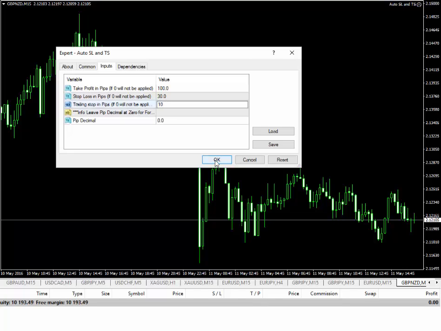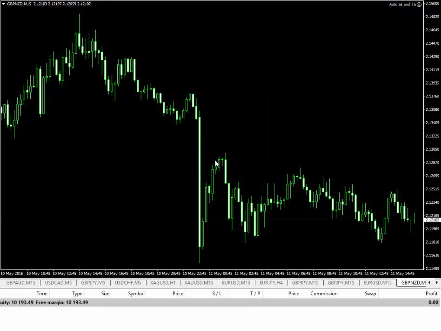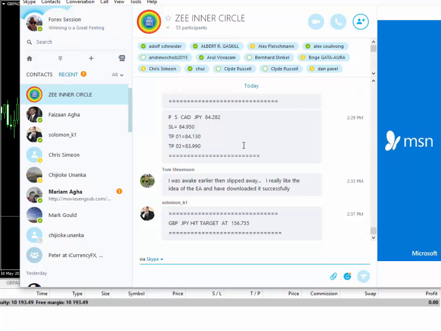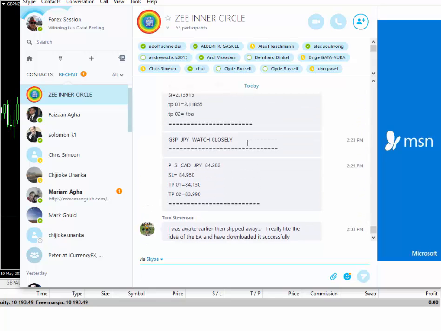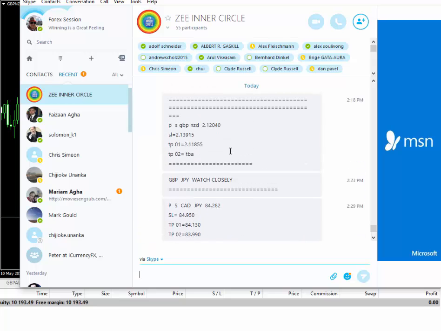Now I will click OK here. There it is. Now this is the EA. Make sure you have auto trading on, and you should have a smiley face here like that. Okay, now I got a signal from Solomon, GBP NZD, pending sell at 2.12040.